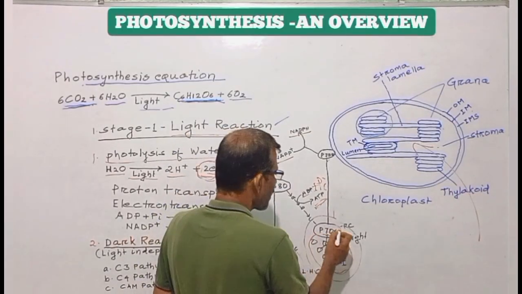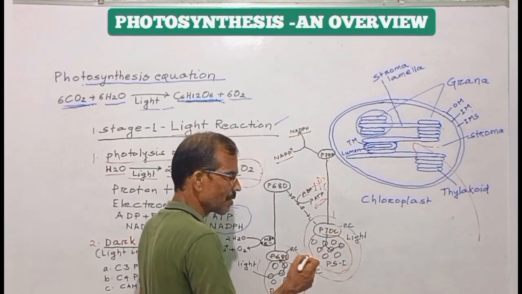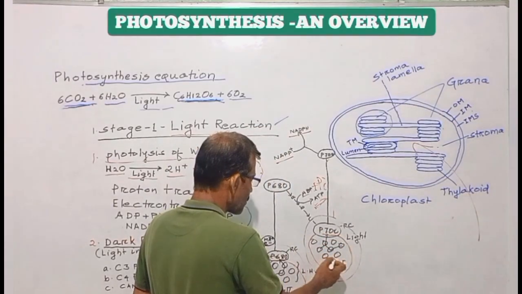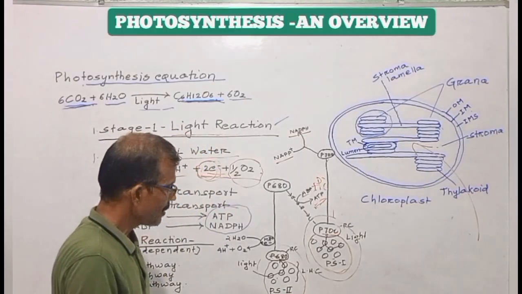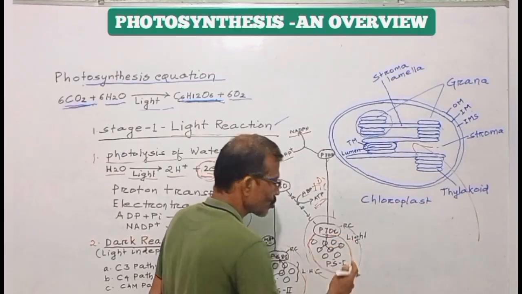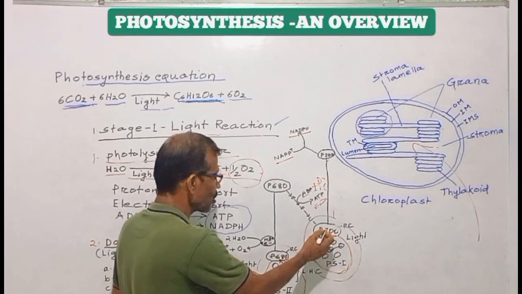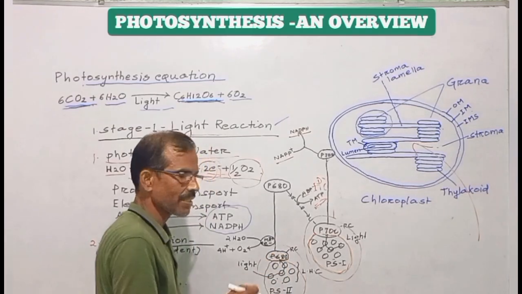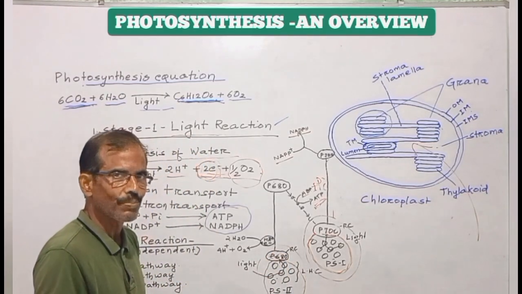Hence, the reaction center is designated as P700. Both photosystems are energized by absorbing light. As already said, the function of the antenna complex is to absorb light energy and then transfer that energy to the reaction center where the actual photochemical reaction takes place.